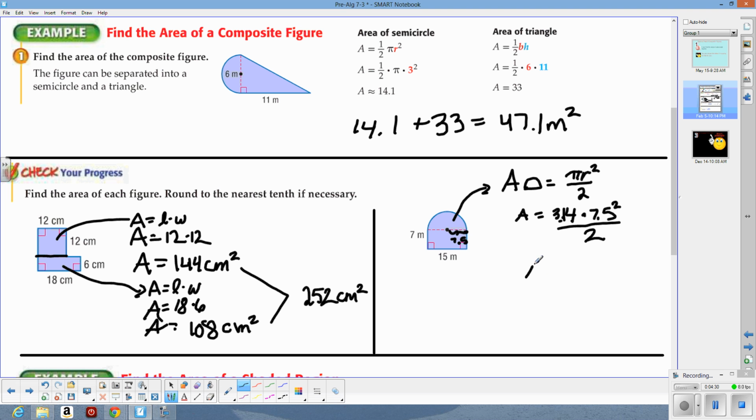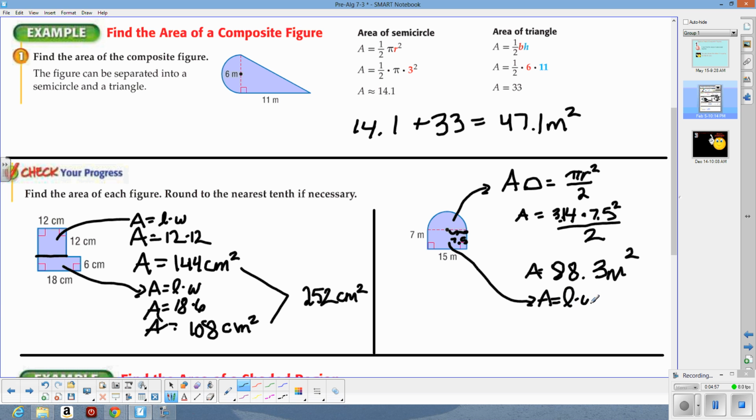That's going to be about 88.3 when rounded to the nearest tenth, meters squared. And now we're going to find the area of this rectangle. The area of the rectangle, remember, is length times width.